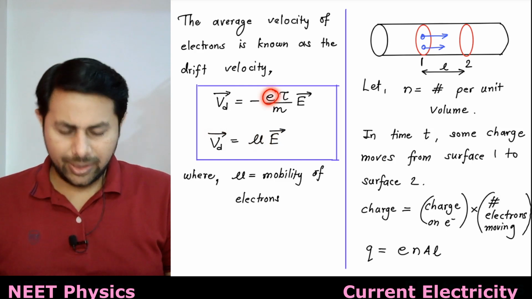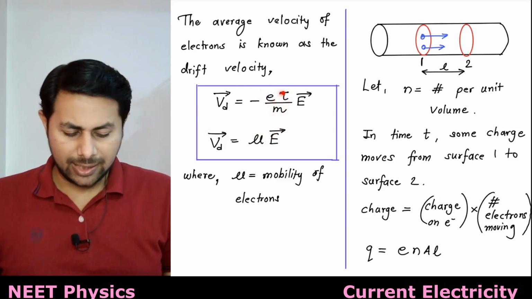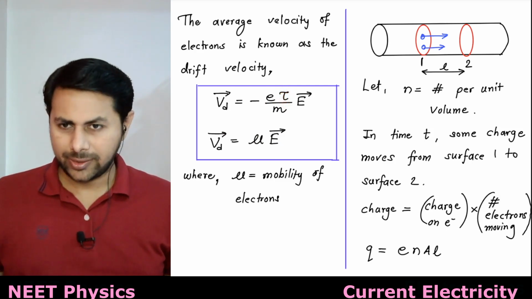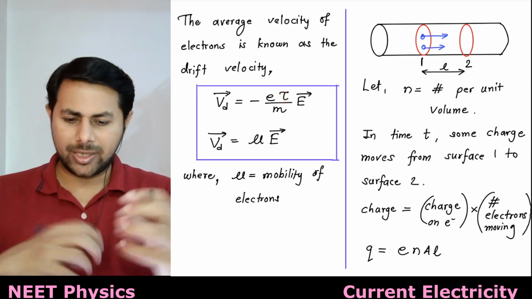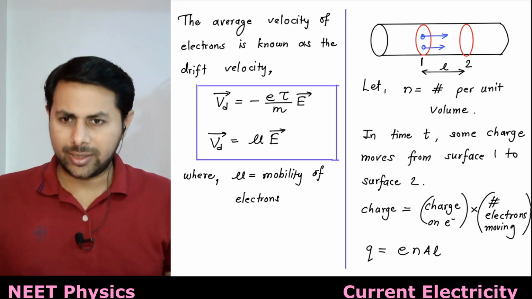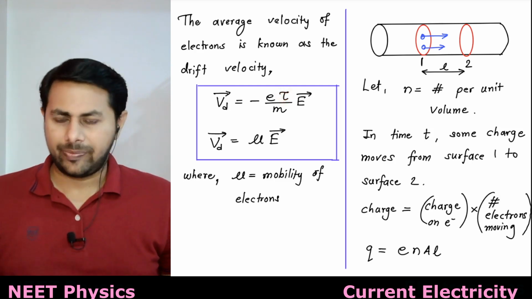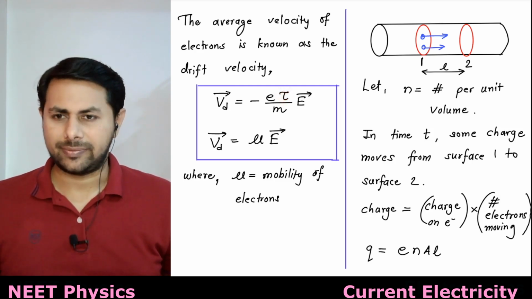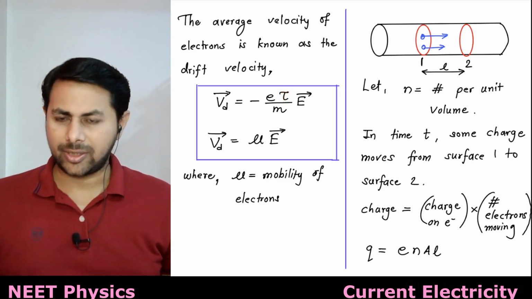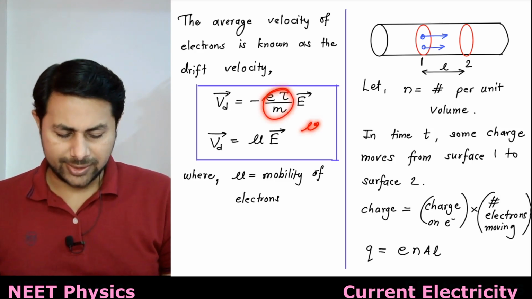E is a constant, the mass of electron is a constant, and the average relaxation time would be different for different conductors simply because of the composition of conductors. But if you take one conductor, on an average the average relaxation time would be the same at a particular temperature. Therefore you can say this is a constant.